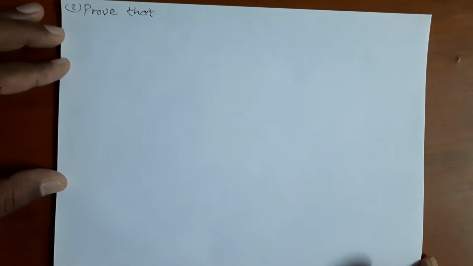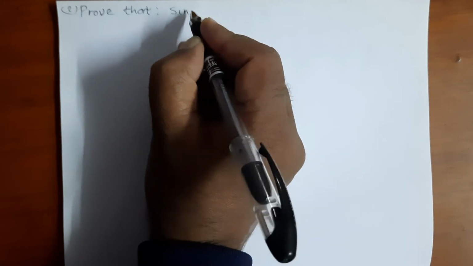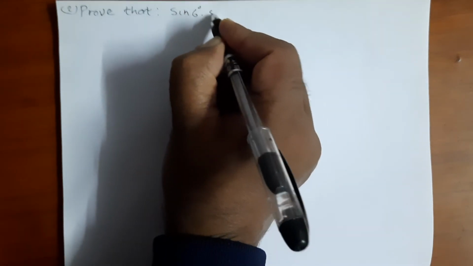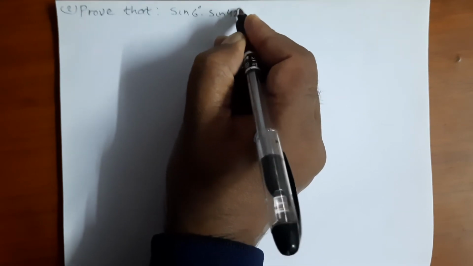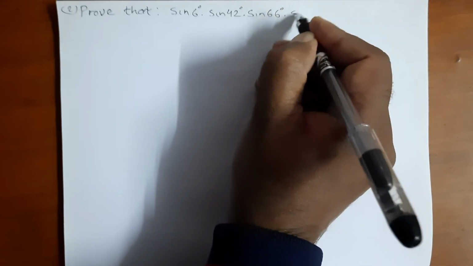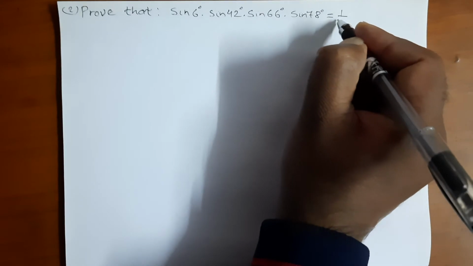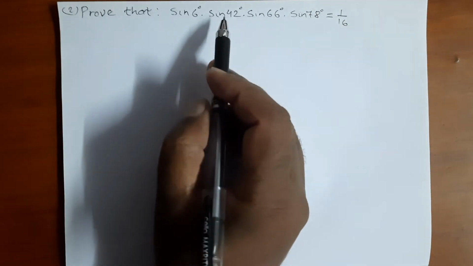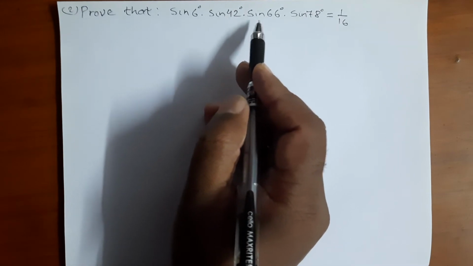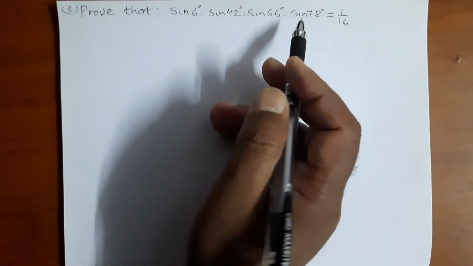Prove that sin 6 degree, sin 42 degree, sin 66 degree, sin 78 degree equals 1/16. This we have to prove.